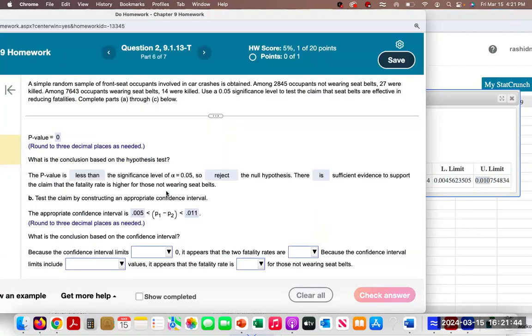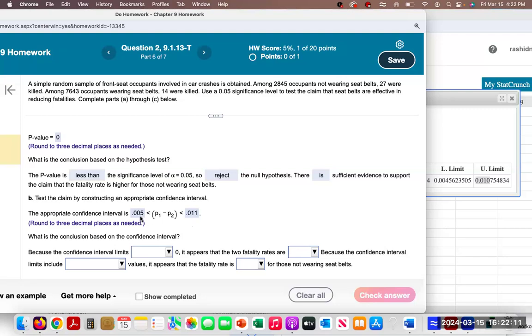So from here, we're going to make a conclusion about the confidence interval. If the confidence interval, which is the difference between P1 and P2, doesn't include 0, there is evidence suggesting that P1 and P2 are not equal. In our case, the confidence interval starts at 0.005 and ends at 0.011.